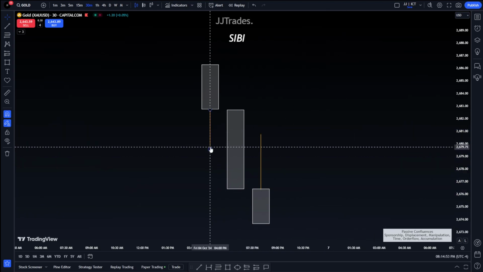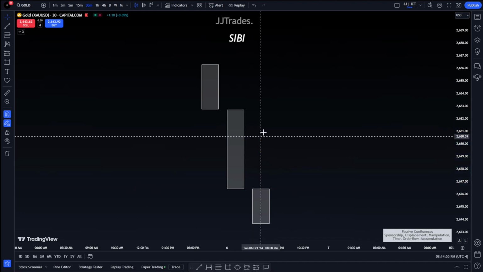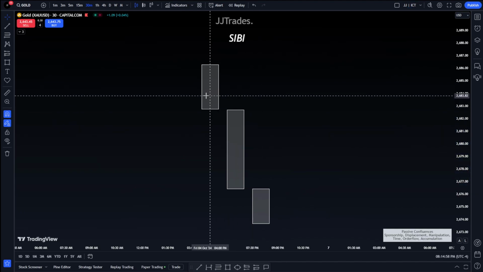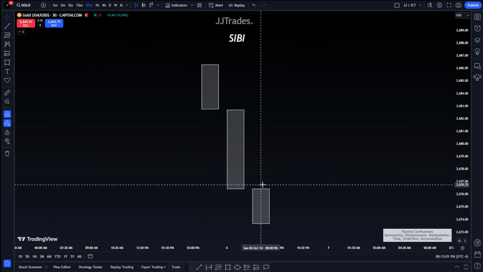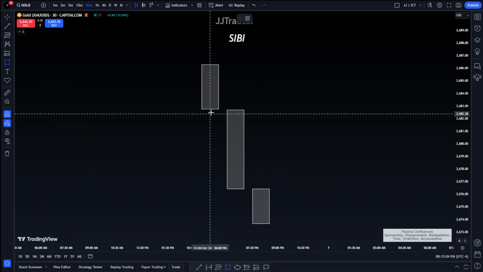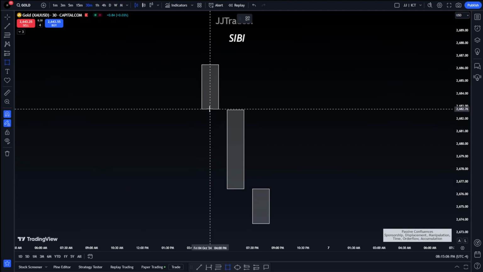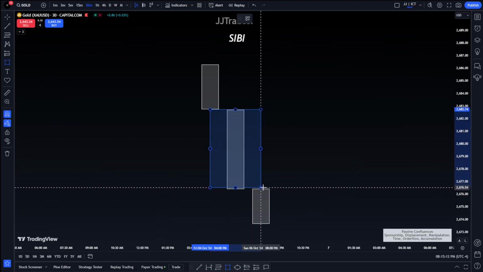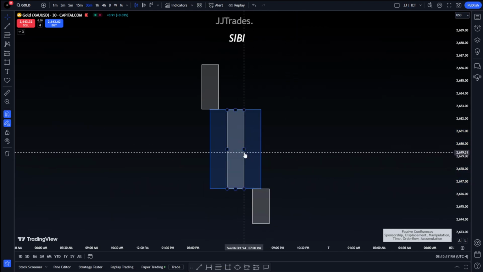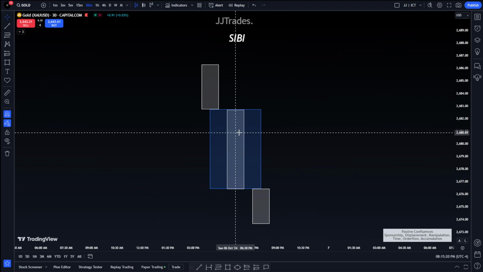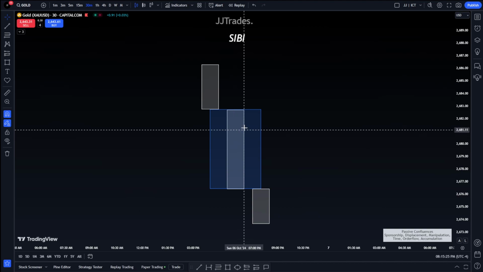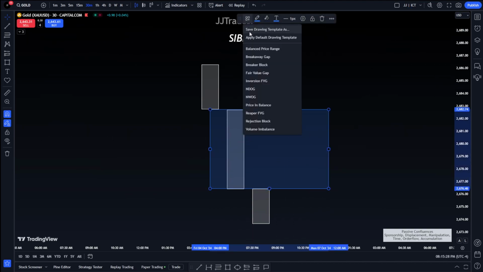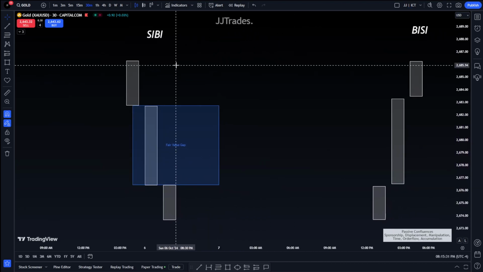If we delete this, when you have 3 candles, and the first candle's low and the third candle's high don't connect, in between that range, there's a fair value gap. What does the second candle do? The second candle is what actually creates the gap. Understood? Okay, cool. Draw that out, and there's your bearish fair value gap.